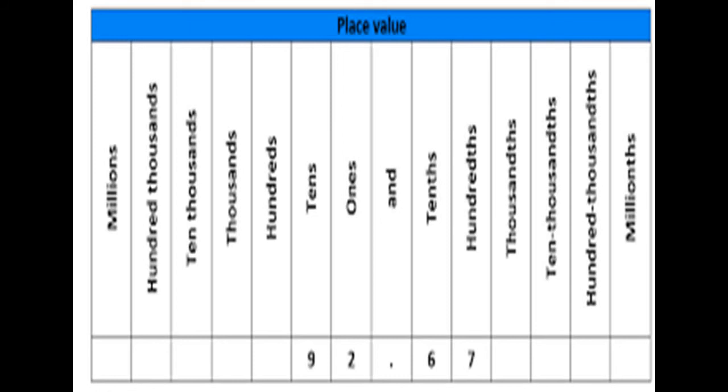You have already learnt, so 2 is in the ones place and 9 is in the tens place. Like this, children, you have to place the values in the place value chart.